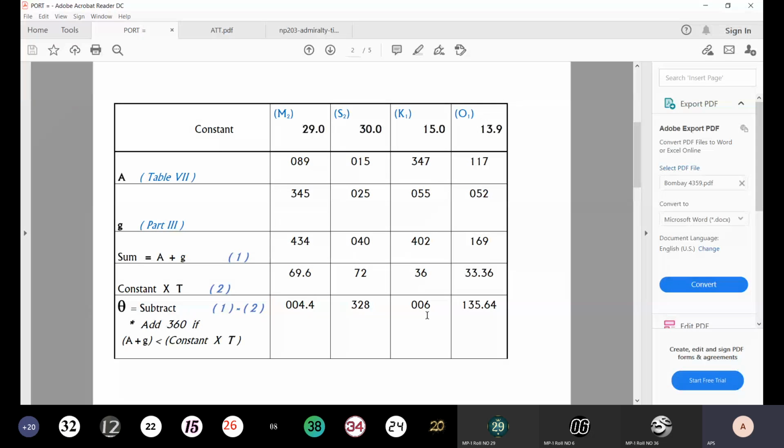So remove 360 from it. The idea is you should get theta between 0 and 360. Remove all minus signs by adding 360 and remove all excess of 360. That means if it is coming more than 360, remove 360 from it.